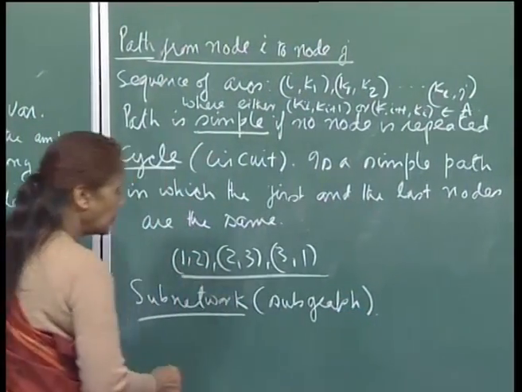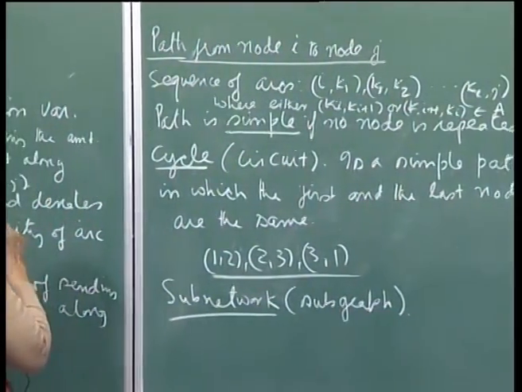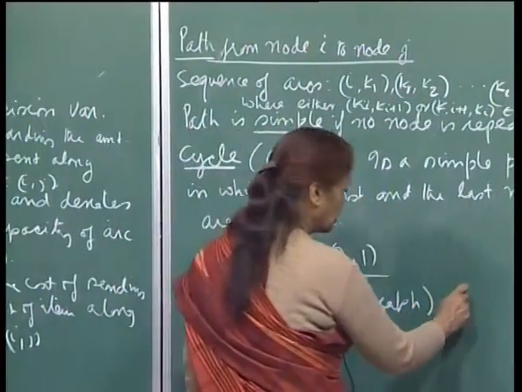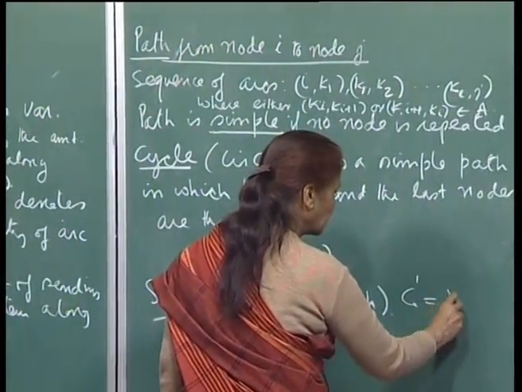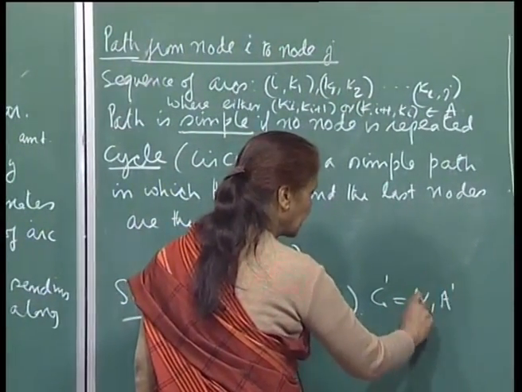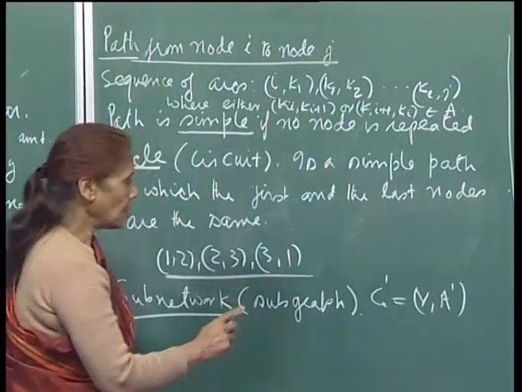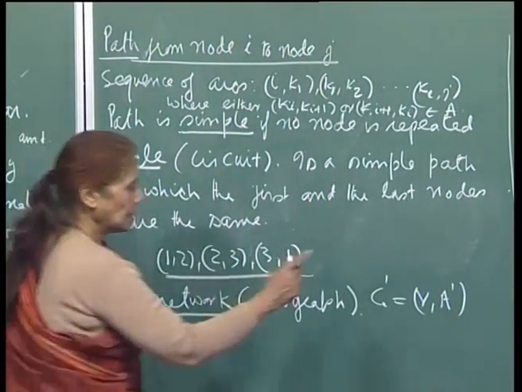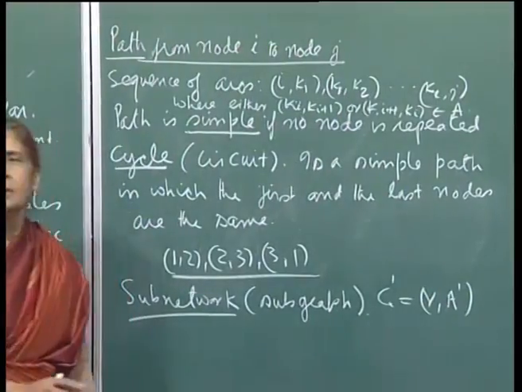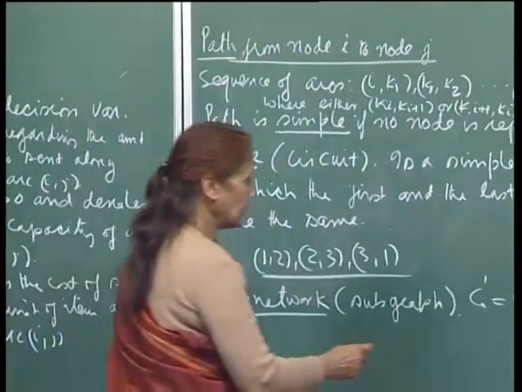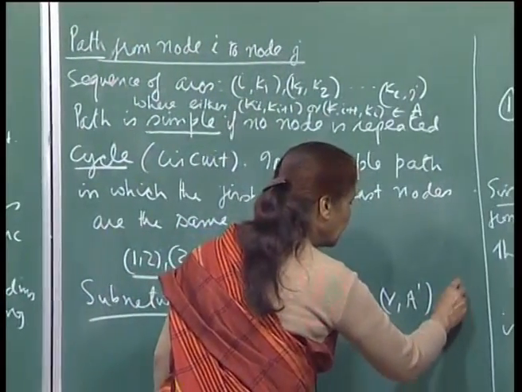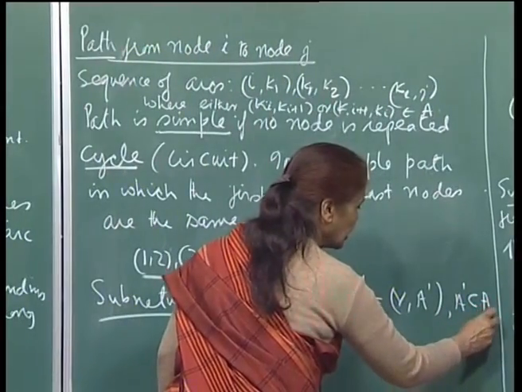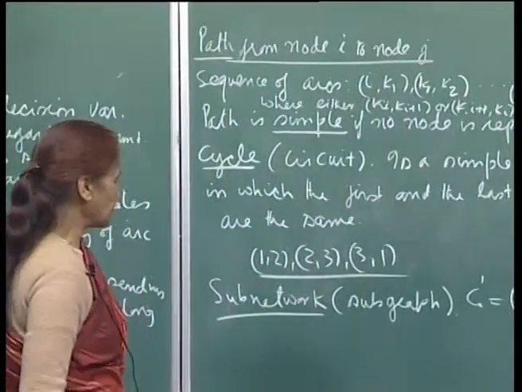So a subgraph, you want to call it G prime. This will be V and A prime. That means it has the same node set as G, but the arc set may be a subset of this, where A prime is a subset of A. This is important. So it becomes a subnetwork.